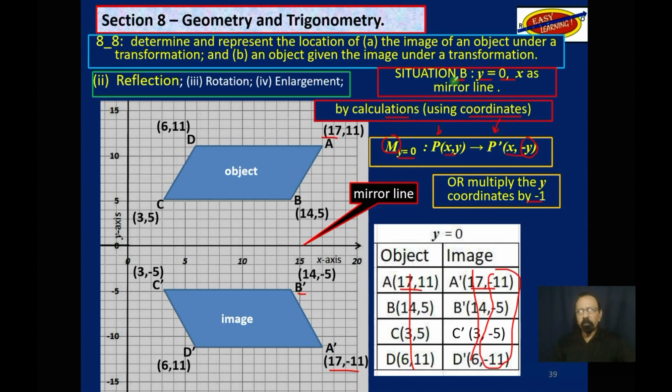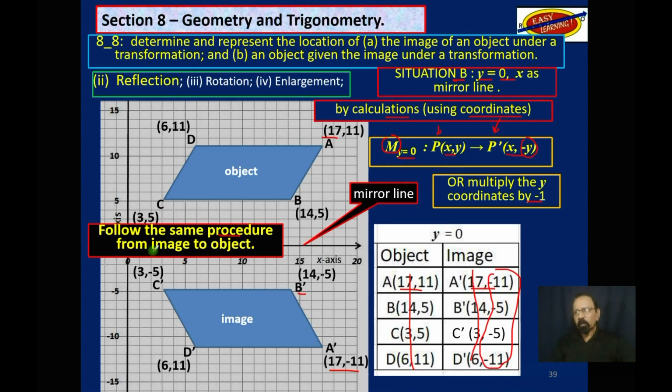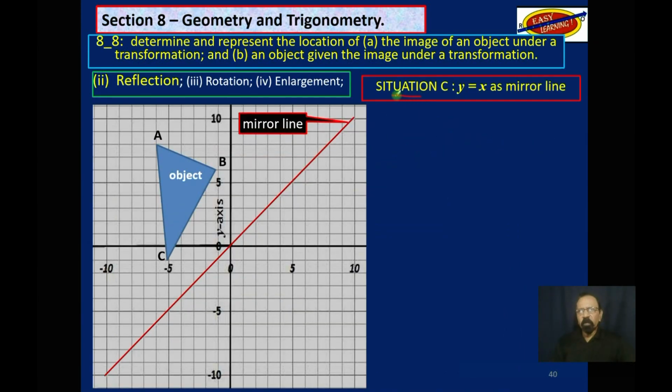That is situation B. We do have quite a number of these situations to deal with. Of course, if you are given the image and you have to find the object, you reverse that process. Keep x the same, and then the y values that you have, you could divide by -1 or multiply by -1, you get the same answer.